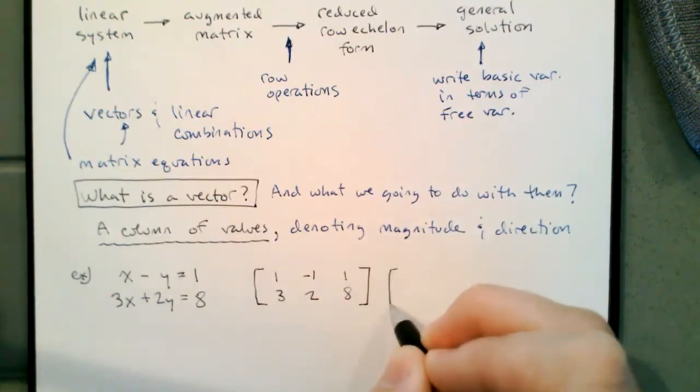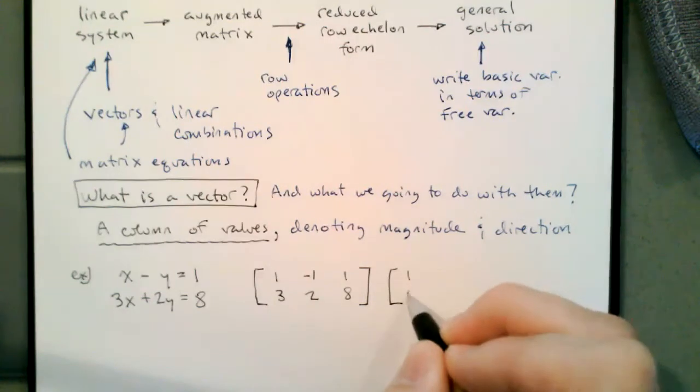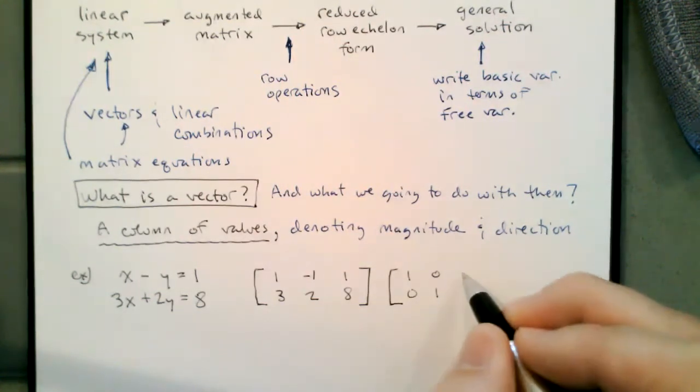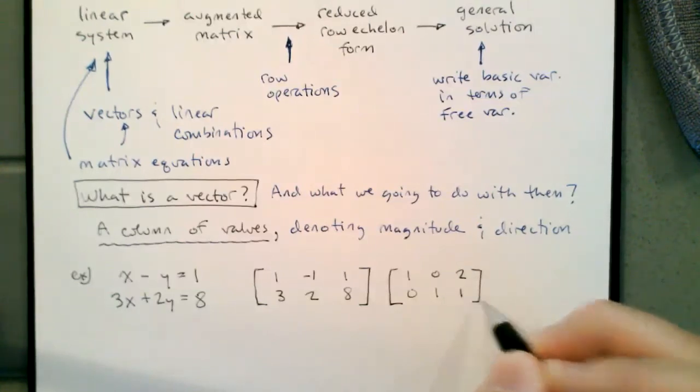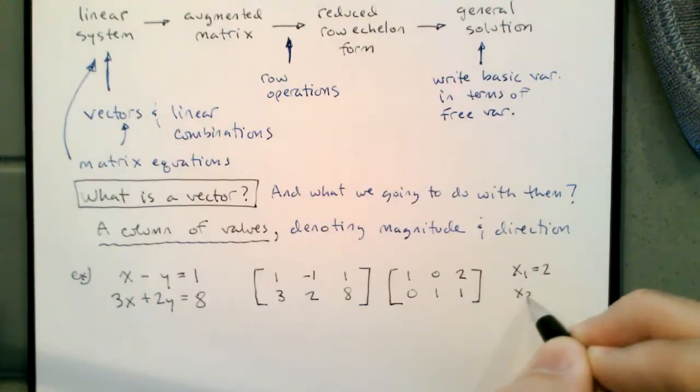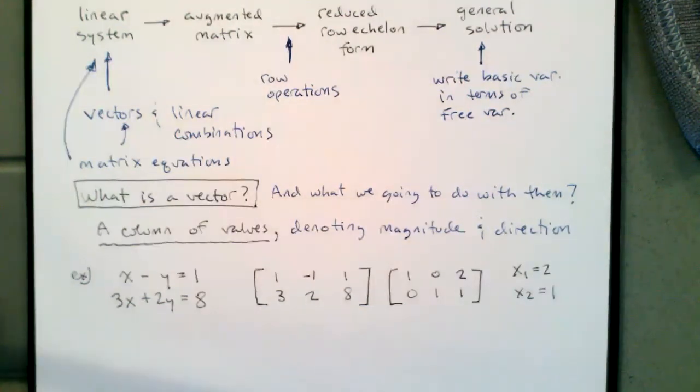We had a reduced row echelon form of this augmented matrix, 1, 0, 0, 1, and I think the solution was 2, 1. And that led us to the general solution. That's what we did with this problem so far. Linear system to augmented matrix, performed row operations to get the reduced row echelon form, and then we used the reduced row echelon form to write the general solution.